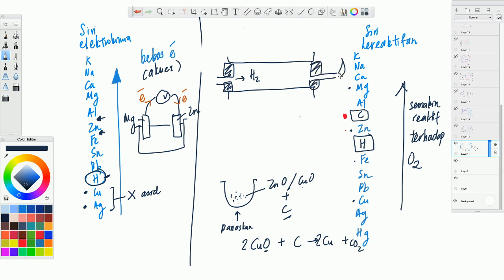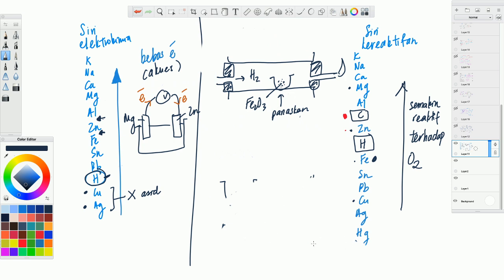Okey. Dan sini saya letak iron oksida sini. Ferrum oksida. Dan saya panaskan. Okey. Siapa lebih suka oksigen? Siapa lebih reaktif terhadap oksigen? Hidrogen atau ferrum? So, hidrogen lebih reaktif.